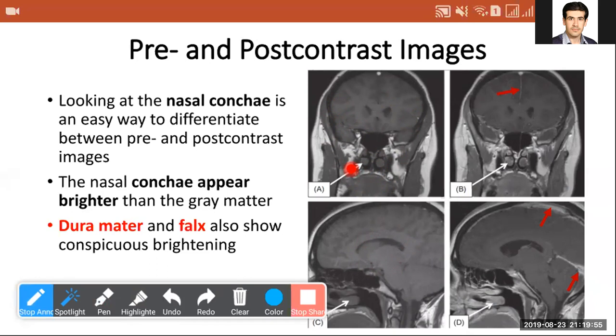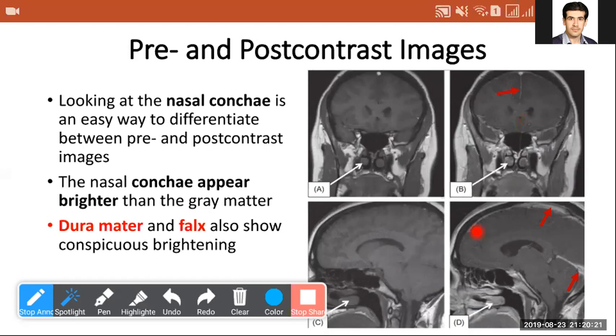But when we contrast the enhancing material, it becomes brighter than the gray matter, and we see here that the falx cerebri becomes brighter, and the dura mater around the brain becomes brighter. So also the nasal concha here becomes brighter than the gray matter.